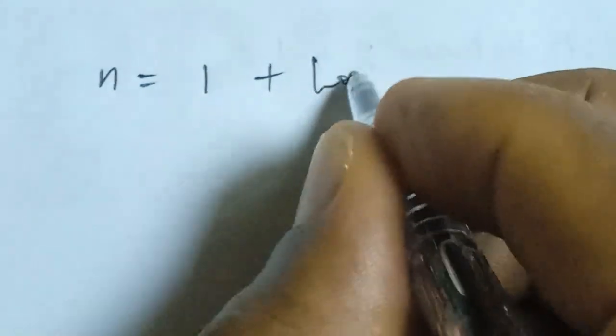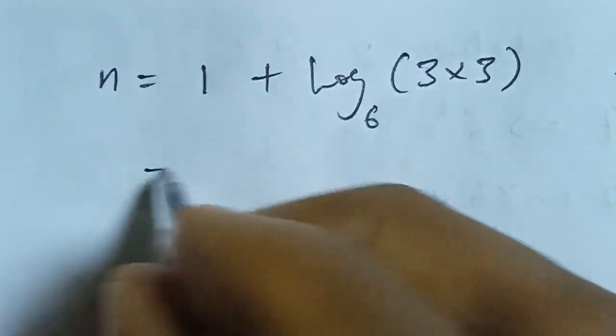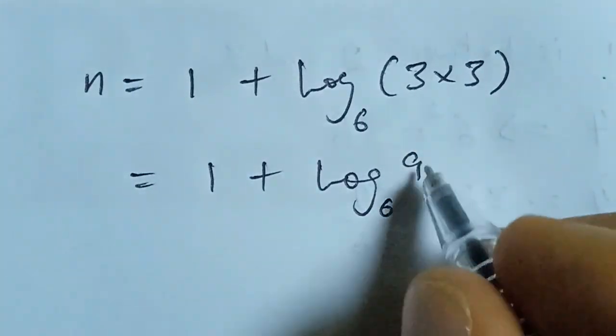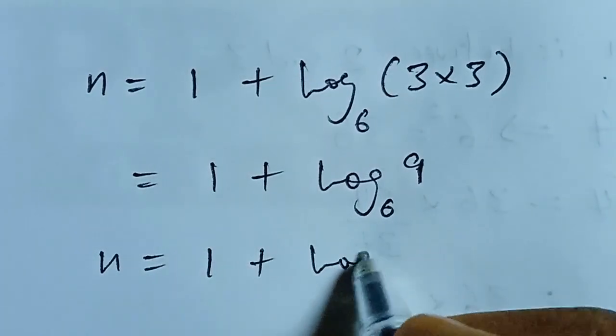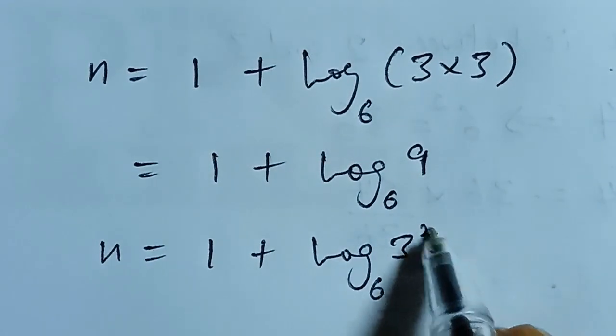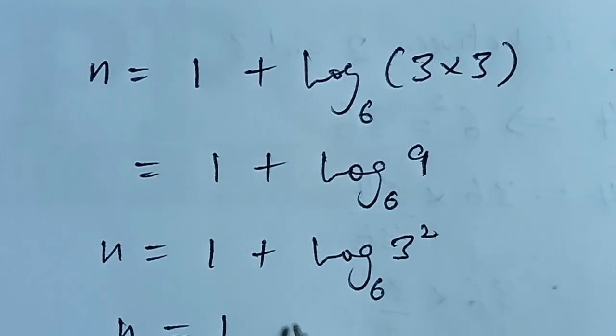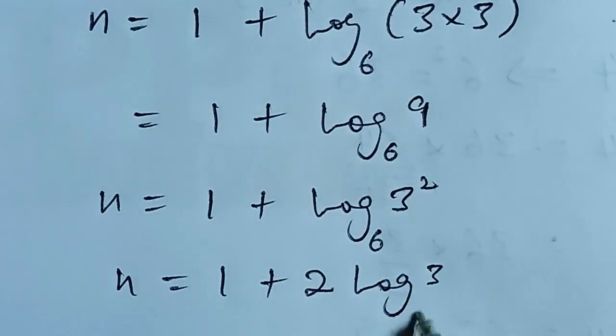So n now becomes 1 plus log base 6 of 3 multiplied by 3. So this becomes 1 plus log base 6 of 9. We express this 9 as n equal to 1 plus log base 6 of 3 to the power of 2. We bring this 2 down to the base. We have n equal to 1 plus 2 log 3 base 6.